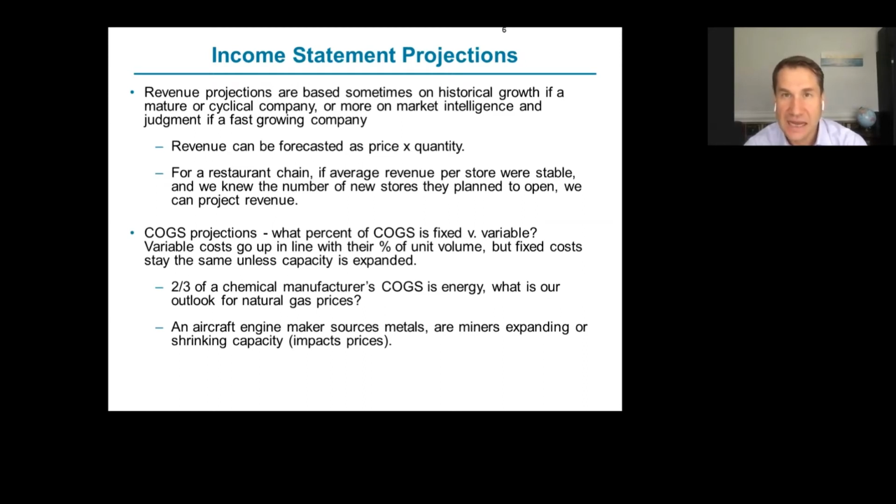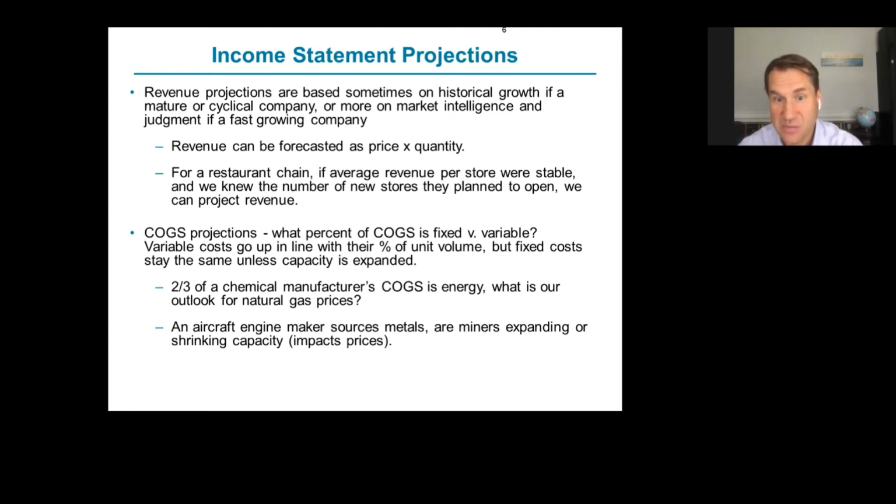And this is kind of just a little bit of brainstorming. This is how you could build a forecast. We'll use an even simpler approach, but I wanted you to be aware that there's a lot of thought and effort in reality that goes into forecasting the income statement, or the operations of the business. Quite often what you would see is that revenue is forecasted as price times quantity.